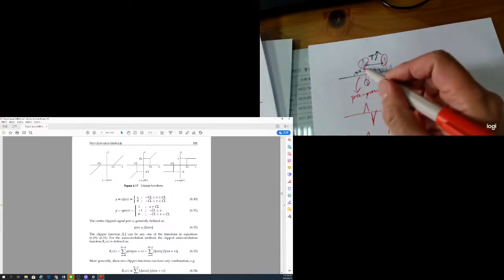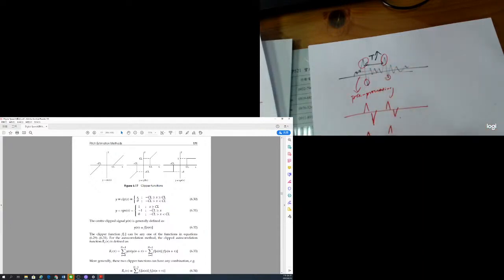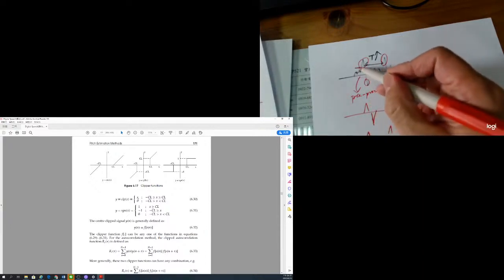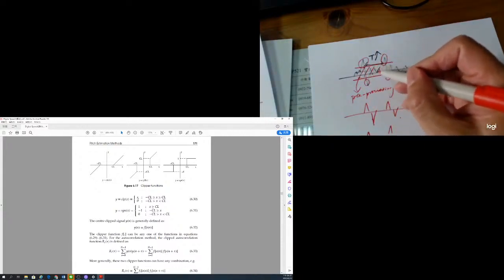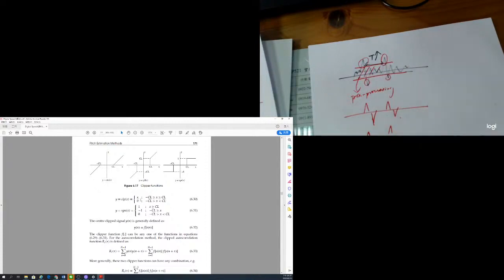And the last one: if we are over the threshold, it will be 1, and under the threshold it will be -1.